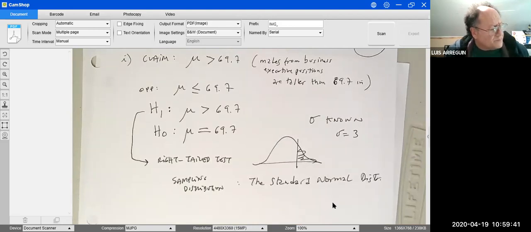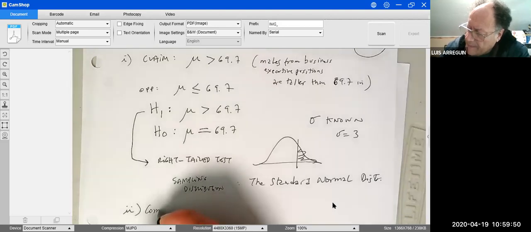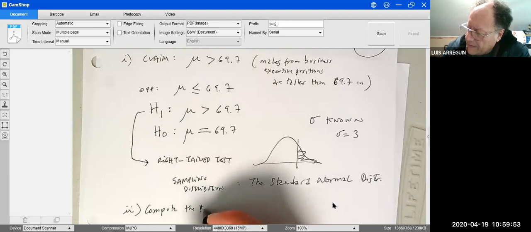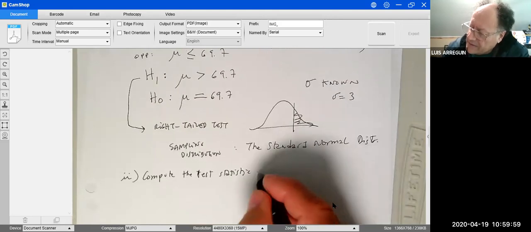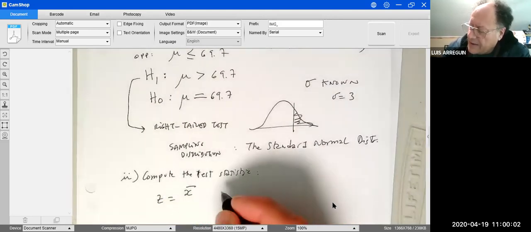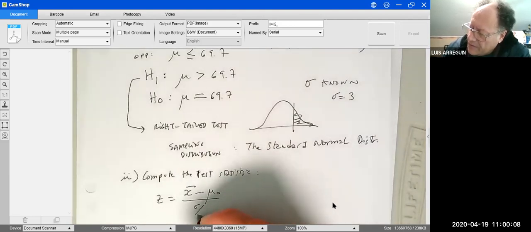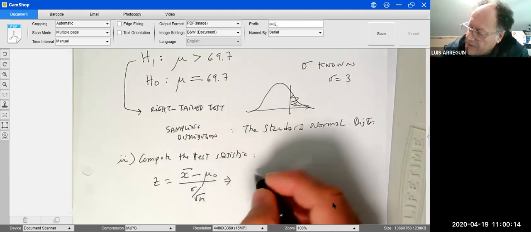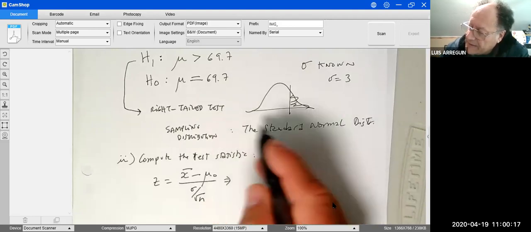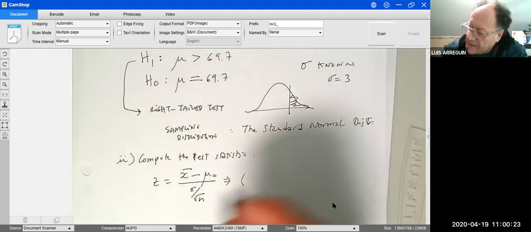The second step is to compute the test statistic. Our test statistic is going to be z equals x bar minus mu from the null over sigma over the square root of n. In this case, x bar was given, so let's copy that information from the sample.